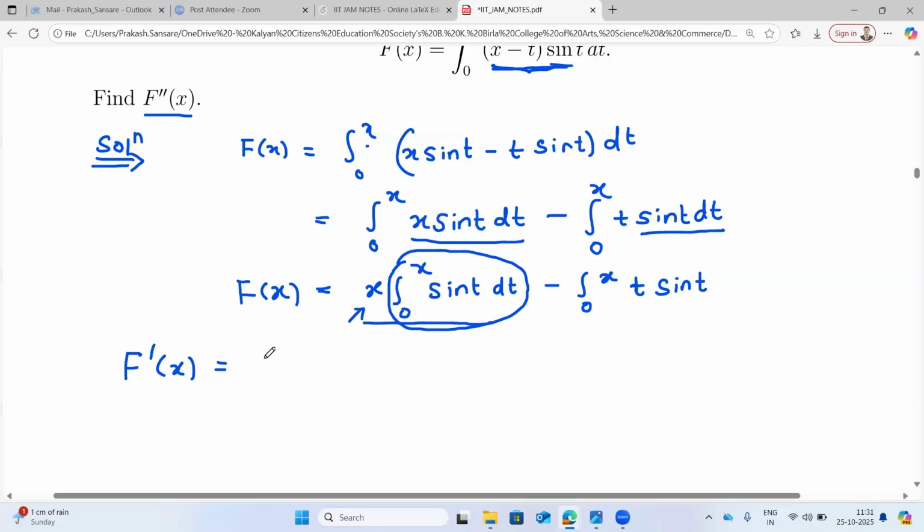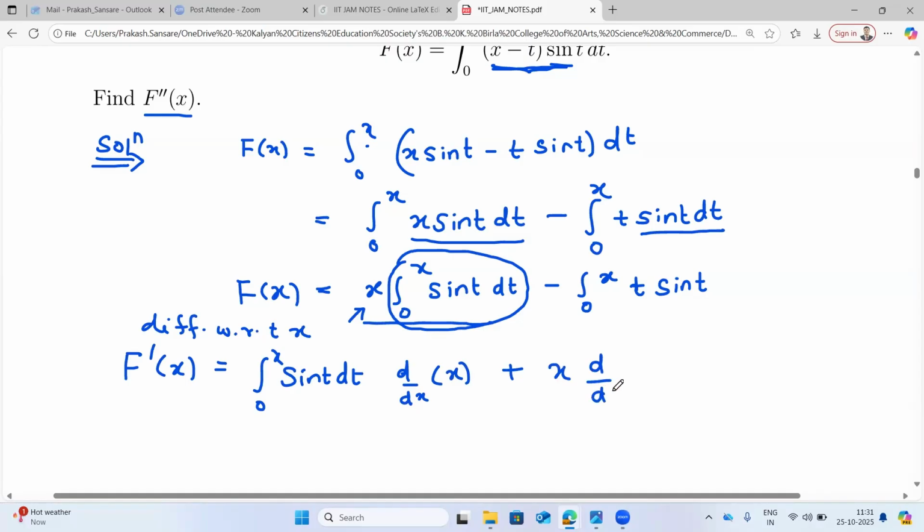So I'll keep the integral 0 to x sine t dt as it is, and differentiate with respect to x: d by dx of x, plus x times d by dx of the integral 0 to x sin t dt.